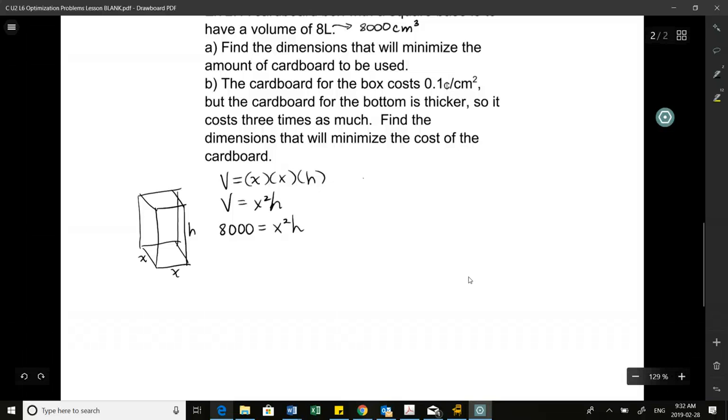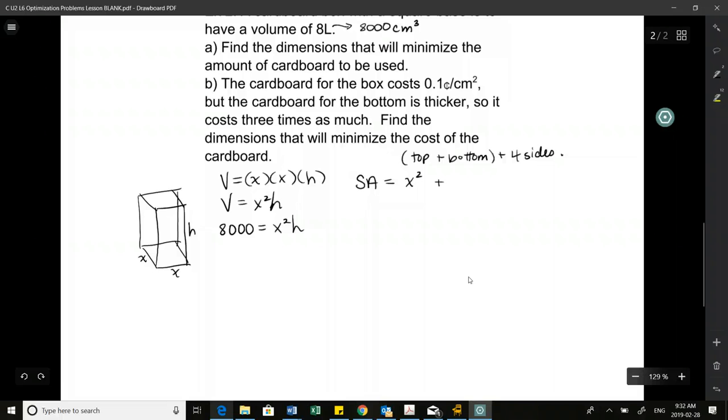Okay, surface area. Now we need to calculate the areas of all sides of this box. I have a top and a bottom. My bottom is going to be x times x, so I will get x squared. So we'll have the top and the bottom, and also 4 sides, right?